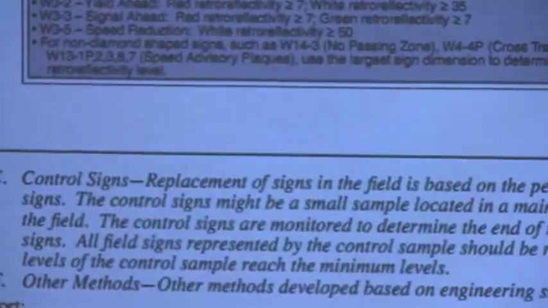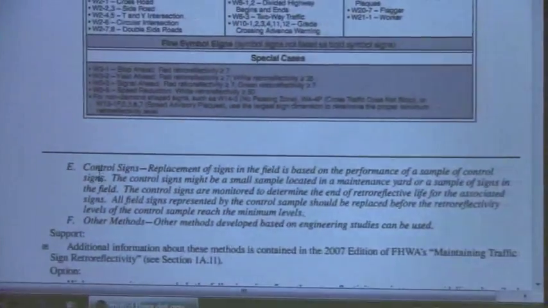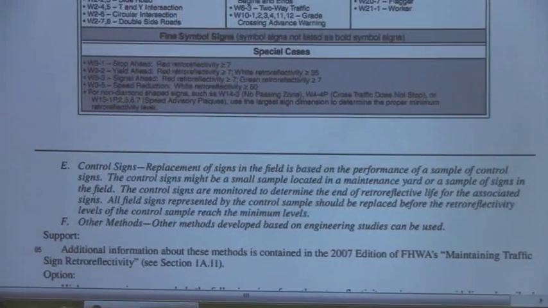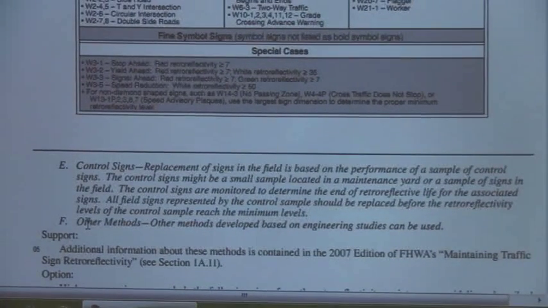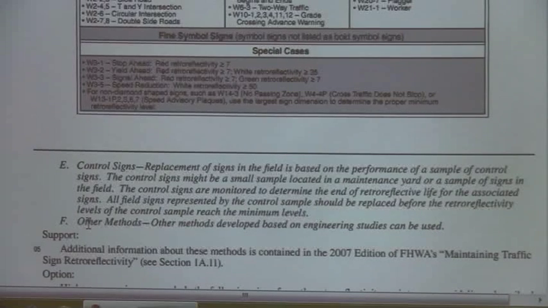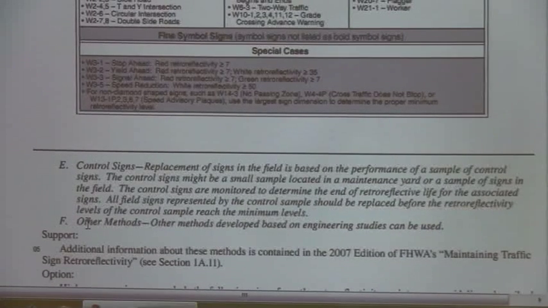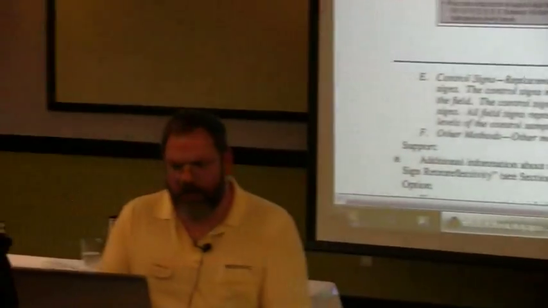And then on page 31, they have your table here for the minimum levels. Then they go down to point E, which is control signs, and then F is other methods. So by my understanding, you can choose from those A through F methods of inspection and replacement. We are not here to dictate or necessarily even suggest what you use. We're here trying to provide a tool to help you as you implement that.